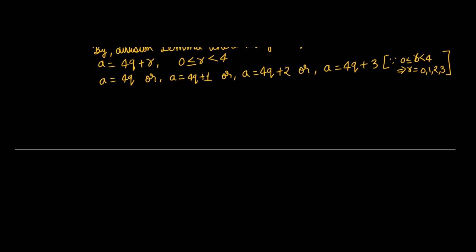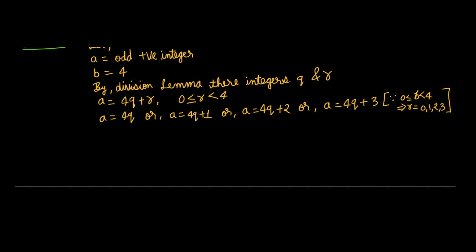It is given in the question that a is an odd positive integer. So a is equal to either 4q plus 1 or a is equal to 4q plus 3, as a is an odd integer.